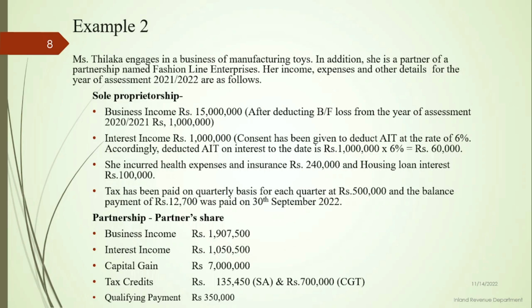These are the details of her partnership business. As a partner of a partnership, her share is business income rupees 1,907,500 and interest income rupees 1,050,500 and capital gain rupees 7 million and tax credits 135,450, and she has made SA payments and 700,000 as capital gain tax.